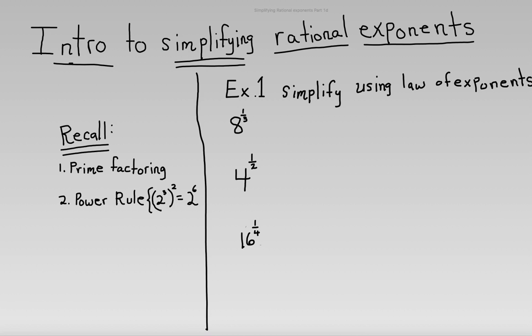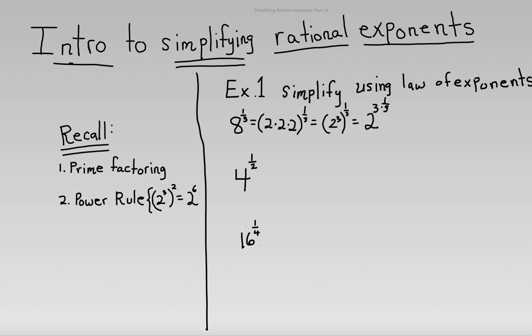Now that we understand those things, it's time for us to solve a few problems. We're going to simplify these rational exponents using the laws of exponents. So 8 to the 1/3, I recognize 8 as 2 times 2 times 2, which is 2 cubed, to the 1/3. And remember, if I have a power being raised to a power, I simply multiply those two exponents together.